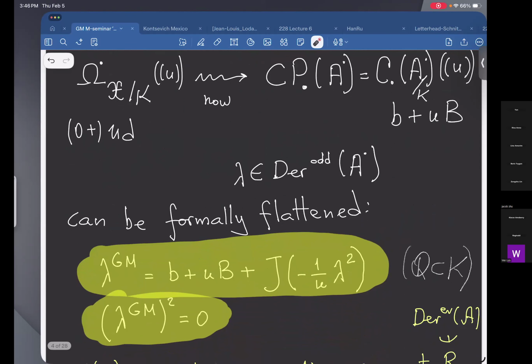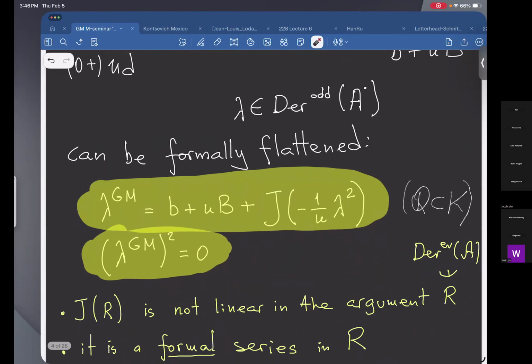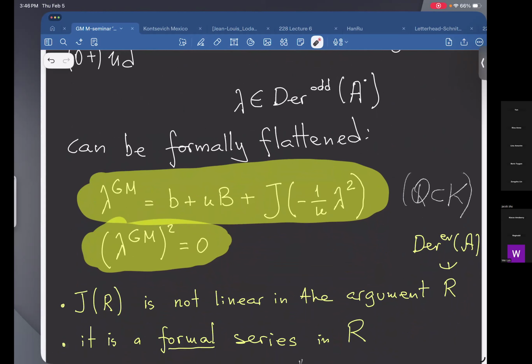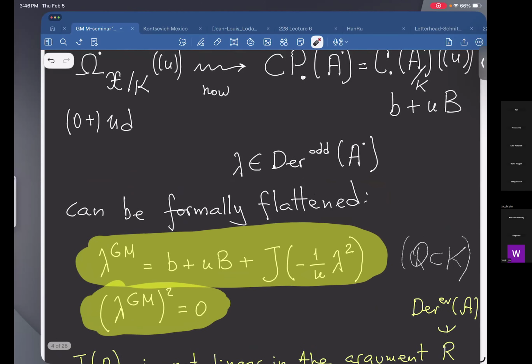Then again, you can have an odd differential form, an odd derivation. And the fact is that, again, formally, and I will explain why formally, you can flatten it. So what will it be? It will be some operator in the formal completion of the periodic cyclic complex.